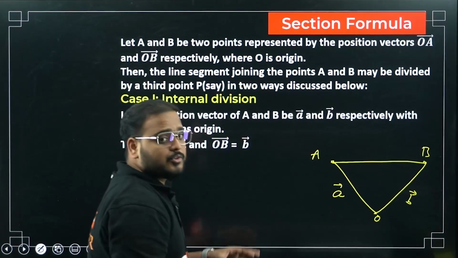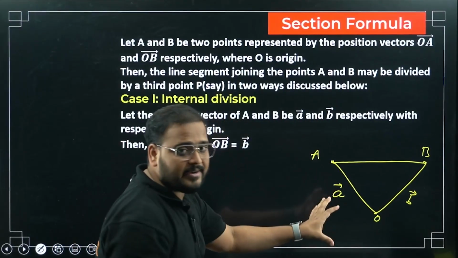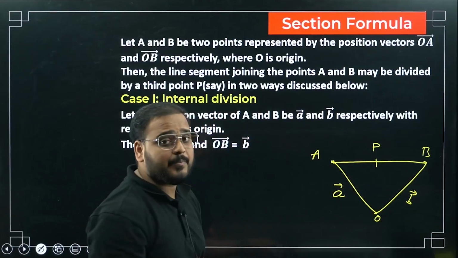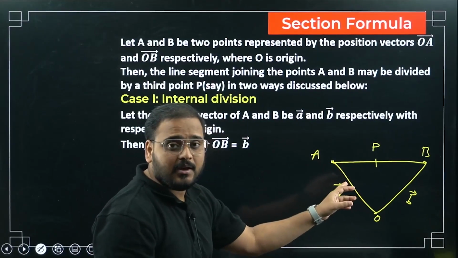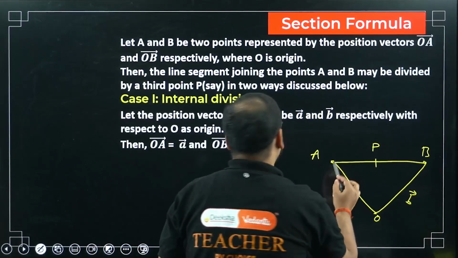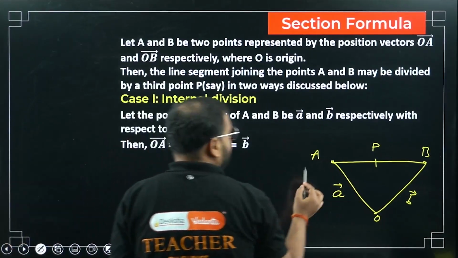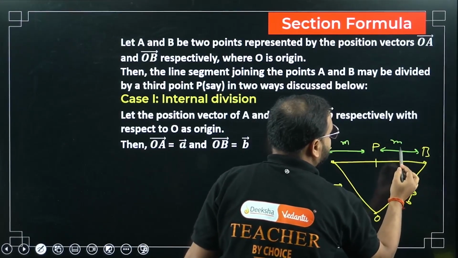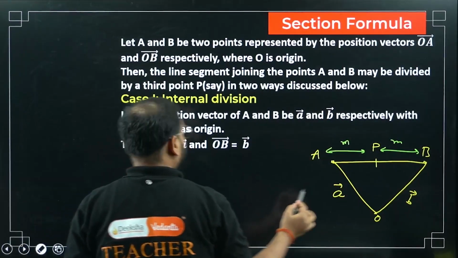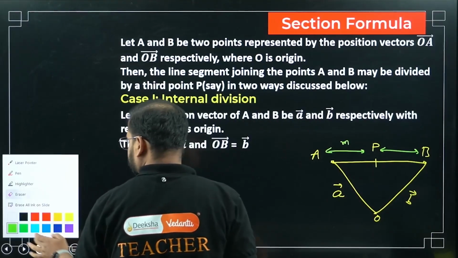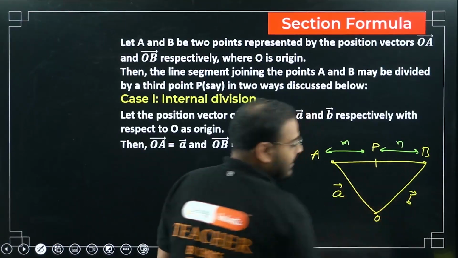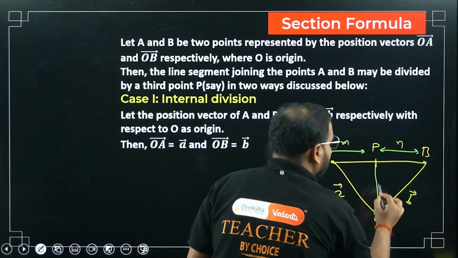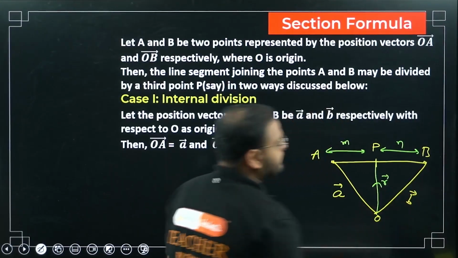So we're looking for the section formula, which means we're looking for a point P on AB which divides the vector AB in the ratio M to N. We are looking to find the position vector R of that point, so R is my unknown.